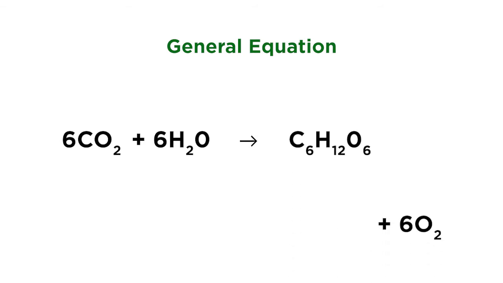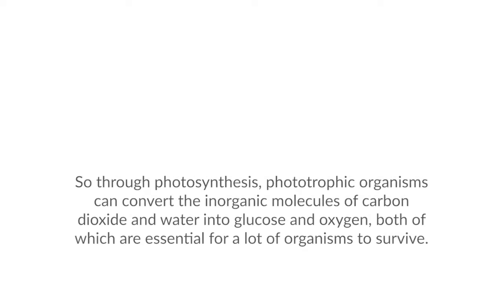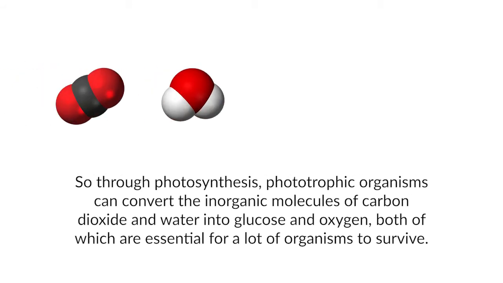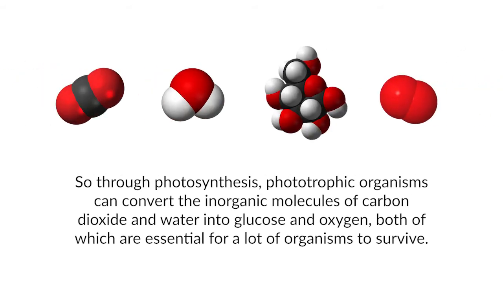The general equation for photosynthesis is 6 carbon dioxide molecules plus 6 water molecules forms energy in the form of glucose and 6 oxygen molecules. So, through photosynthesis, phototrophic organisms can convert the inorganic molecules of carbon dioxide and water into glucose and oxygen, both of which are essential for a lot of organisms to survive.